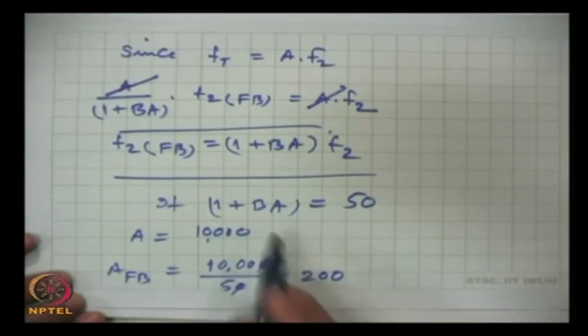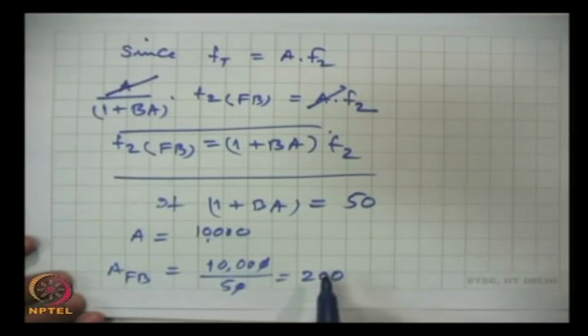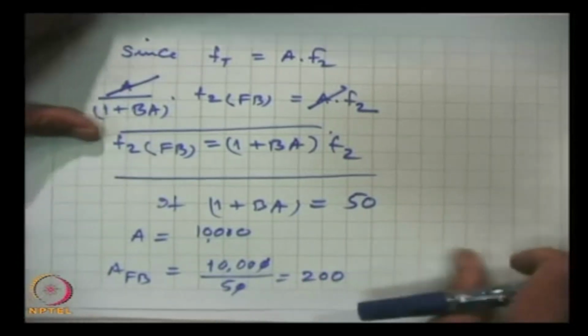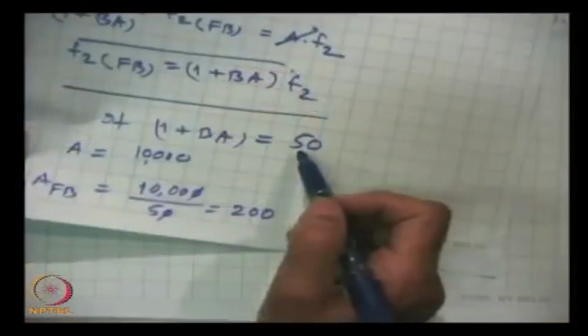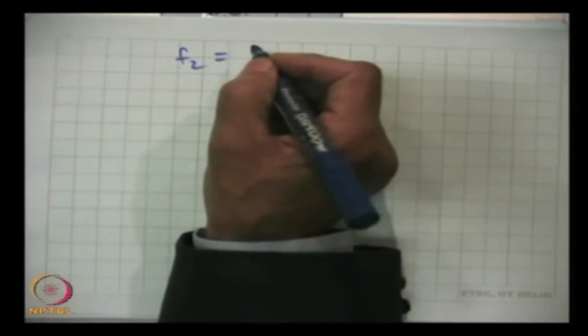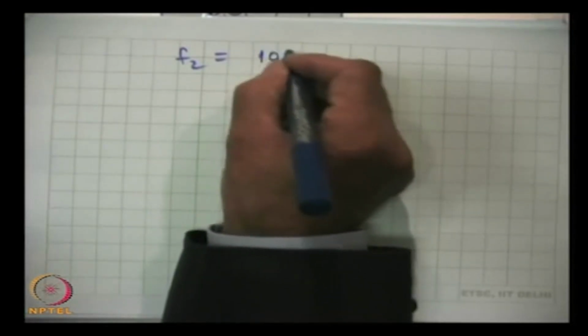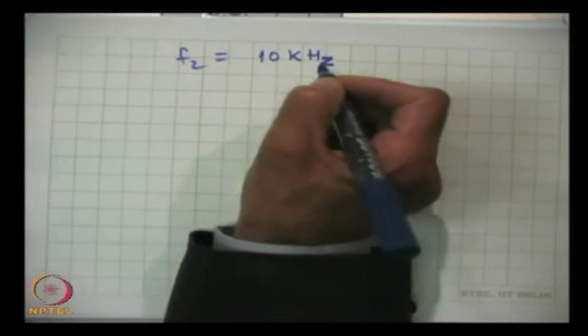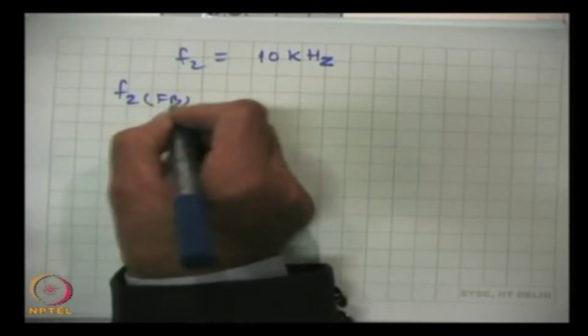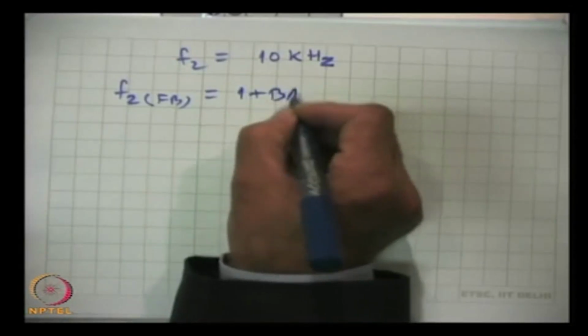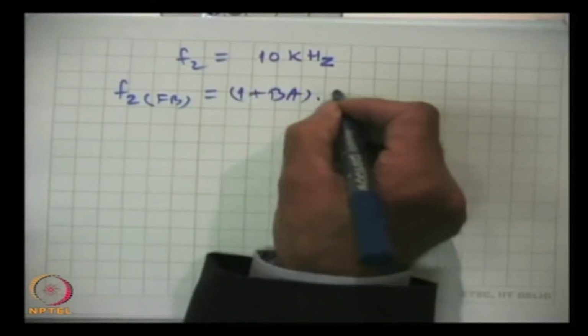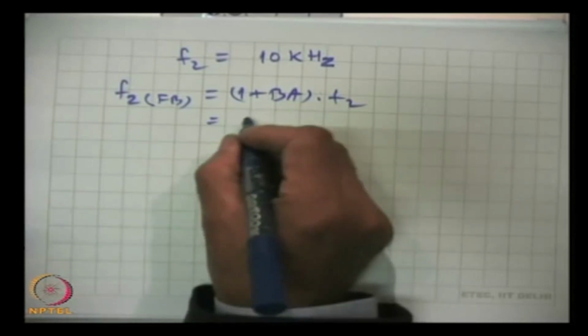This is the price, but with this the bandwidth will go up. If this factor is 50, and f2, that is the bandwidth of the amplifier without feedback, was suppose 10 kilohertz, then with feedback the bandwidth will be f2 fb equal to 1 plus BA into f2, and this factor we have taken as 50.